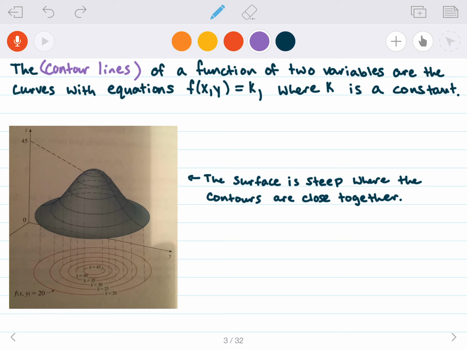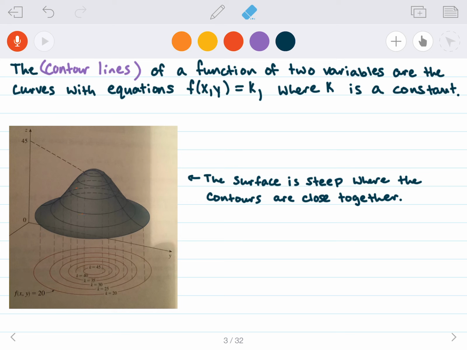Basically, the way you can think about this is if you have a surface, such as this one represented in this picture, and you take planes of z = 1, z = 2, z = 3, they're going to cut the surface and create an intersection.